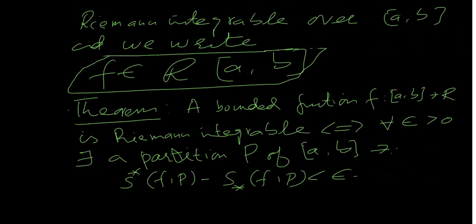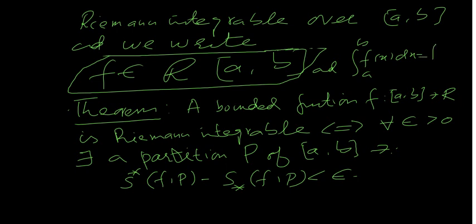When we say this, the common value is denoted by this integral. It is equal to the common value of the lower and upper Riemann integral, because if they are the same, they have a common value denoted by this integral.